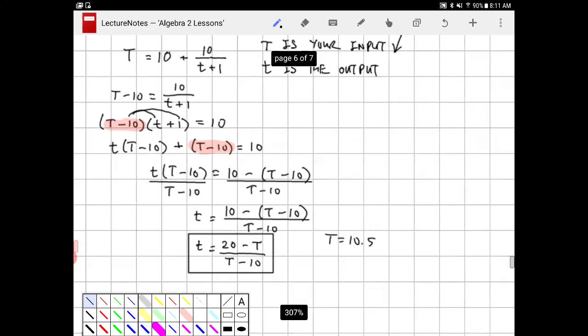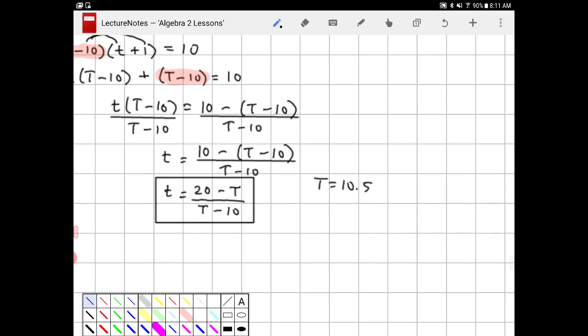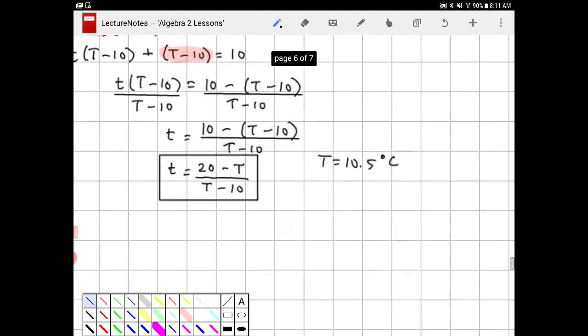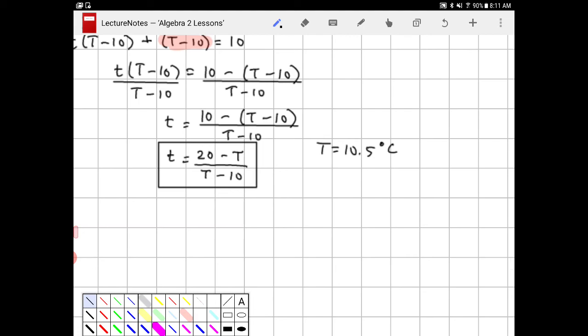I want to know how much time has passed before the body has cooled to 10.5 degrees Celsius. This is my input, and I want my output to be time. So my time is going to be 20 minus 10.5 over 10.5 minus 10.